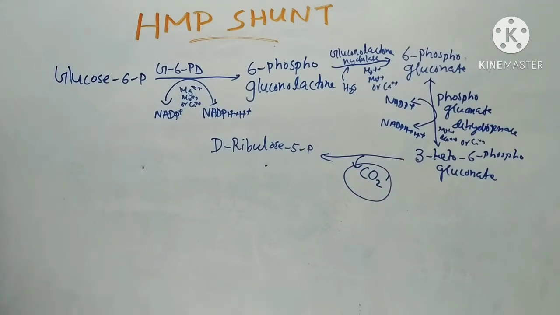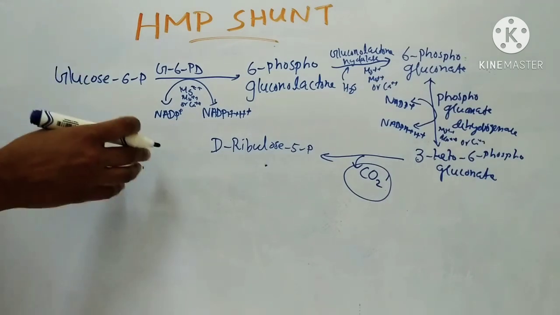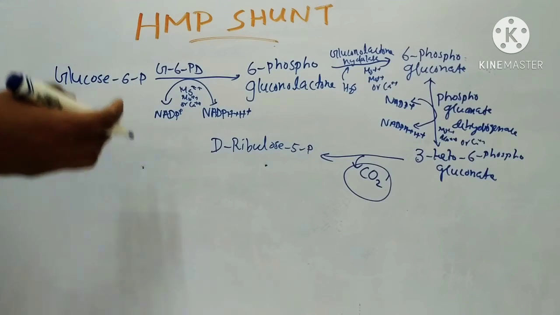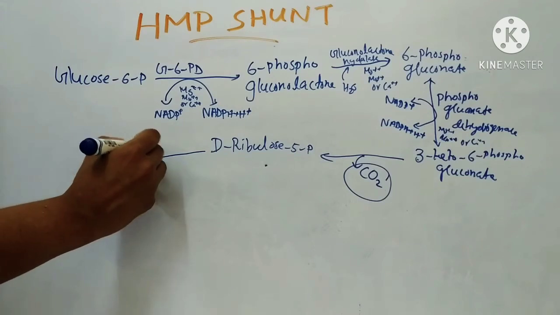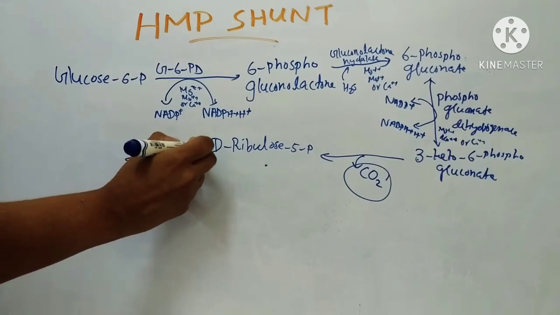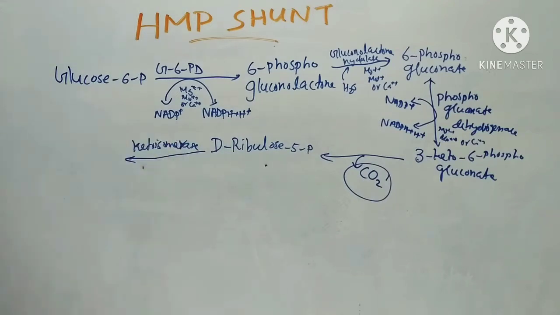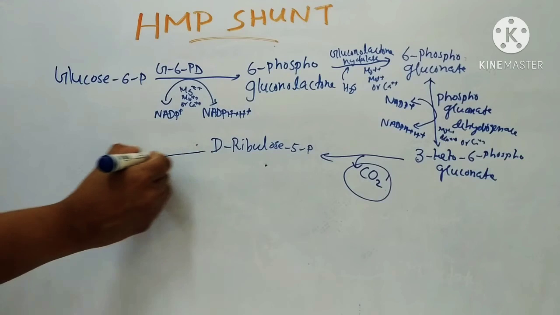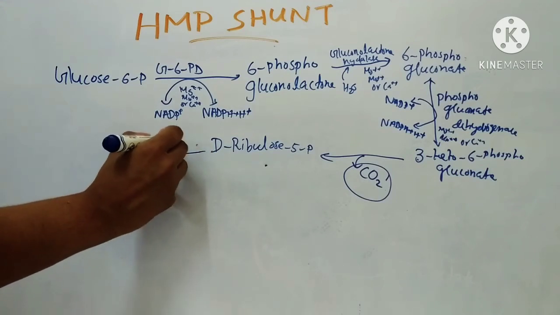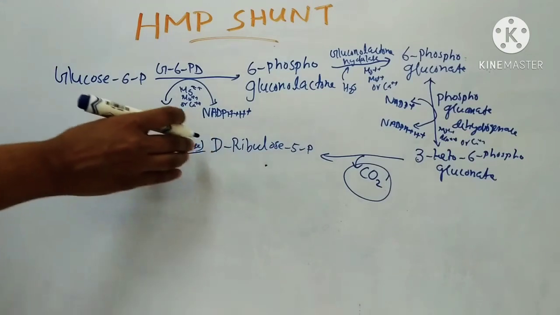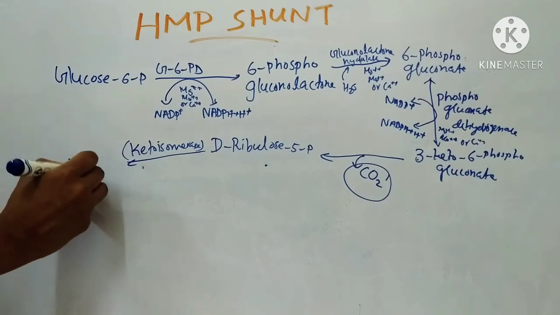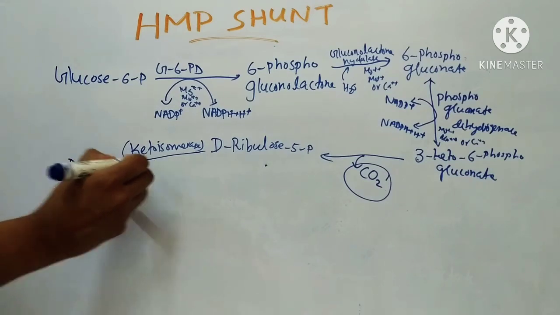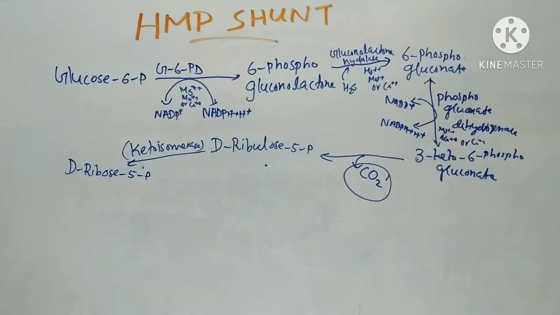D-ribulose 5-phosphate is first acted upon by the enzyme ketoisomerase, and it forms D-ribose 5-phosphate.